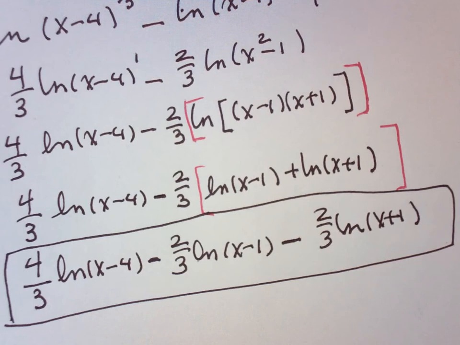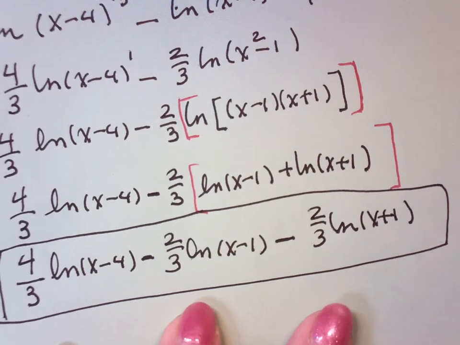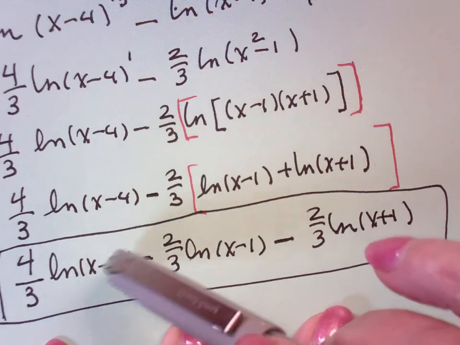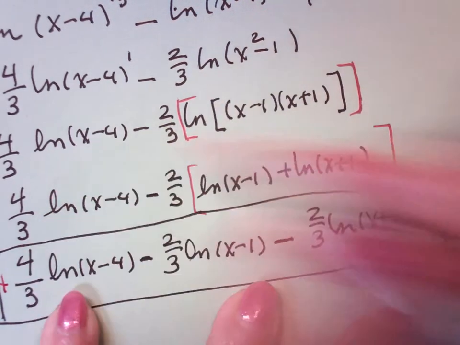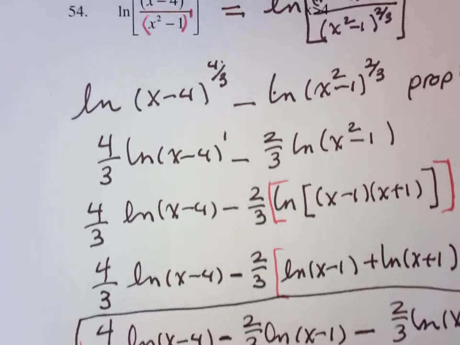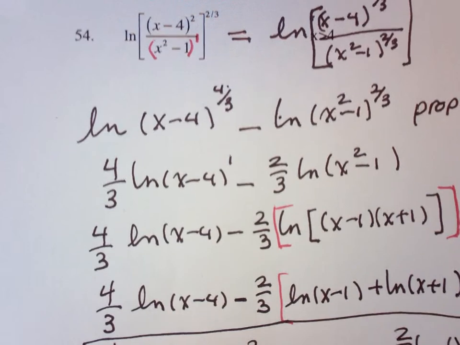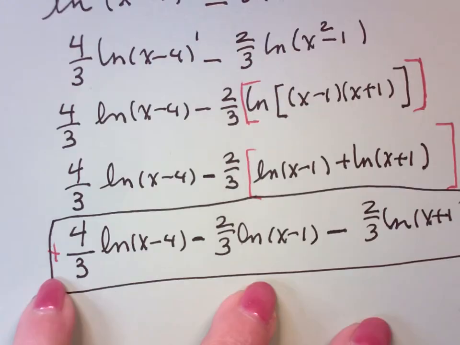Now this is something I want you to think about. The plus in front of the 4/3. And if I go back to the original problem, you notice that x minus 4 was in the numerator. It's got a plus sign in front of it.